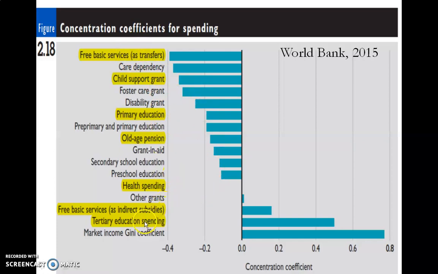But when you look at spending, for example, on tertiary education, you can see those coefficients are positive. So they're actually favoring the rich. And free basic services, which are indirect subsidies, not direct subsidies, also have a potential to be pro-rich, but not as badly as tertiary education.